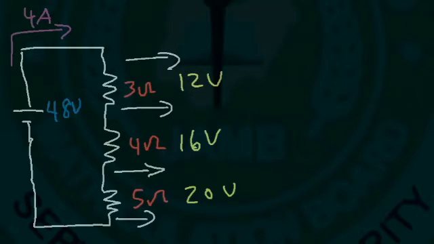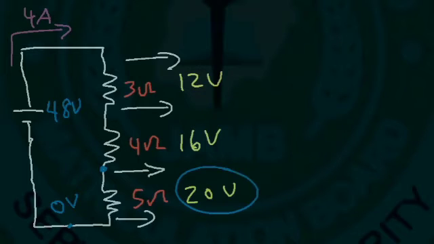So now that we have the current and the voltage across every resistor, let's find the absolute voltages at each point along the circuit. So let's assume that at this point the voltage is 0. What is the voltage at this point?